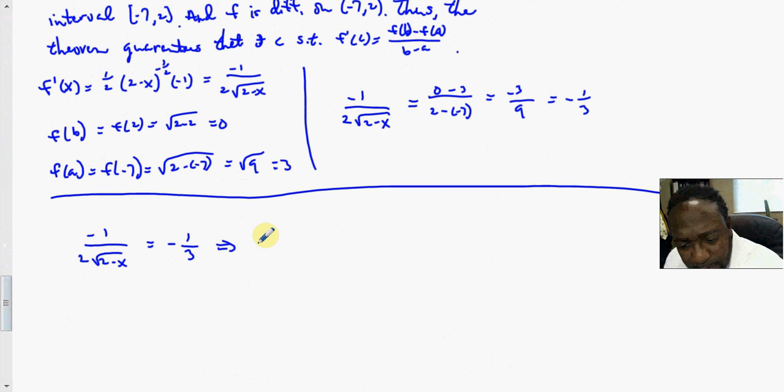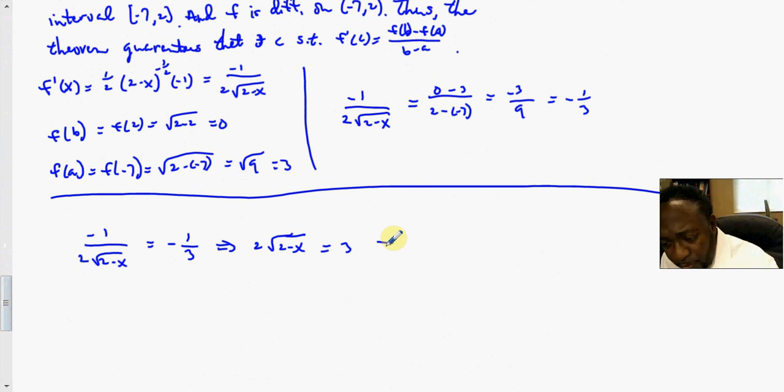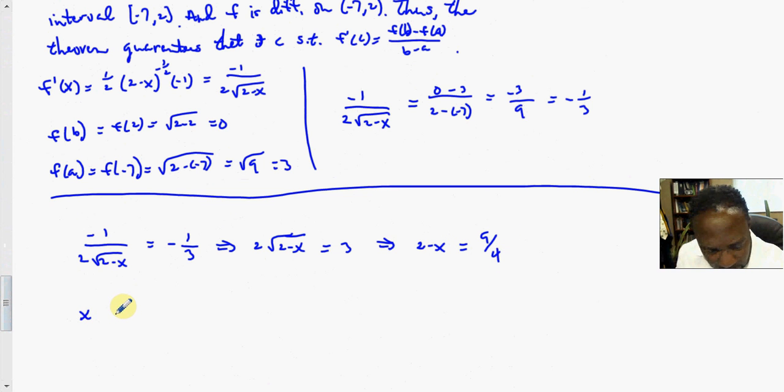And this implies that 2 times the square root of 2 minus x is equal to 3. Square both sides, divide both sides by that 2 as well, and so we get 2 minus x is equal to 9 over 4. x is equal to 2 minus 9 over 4.